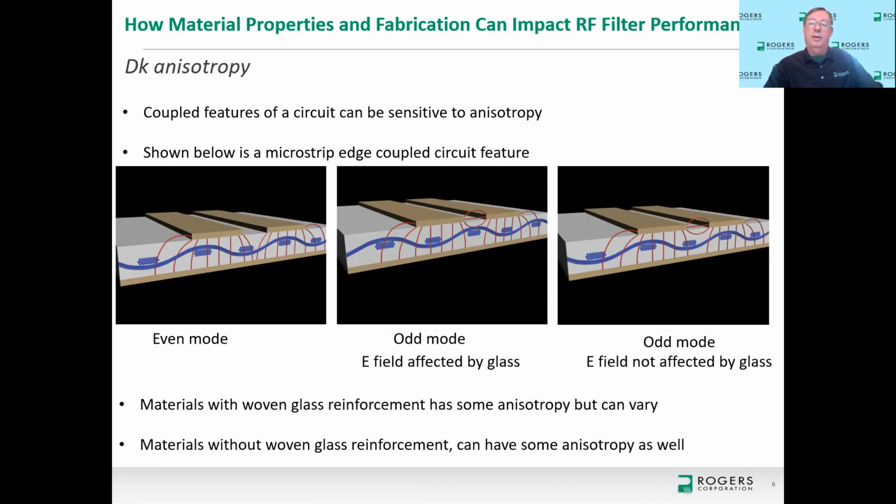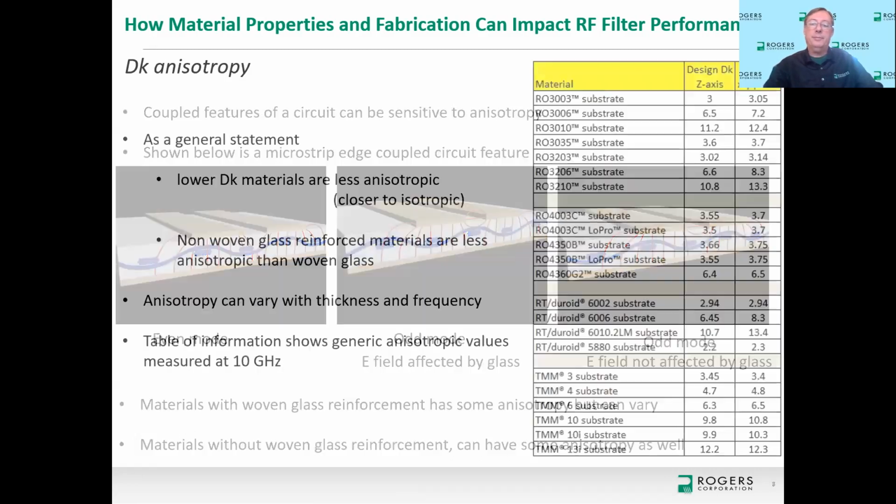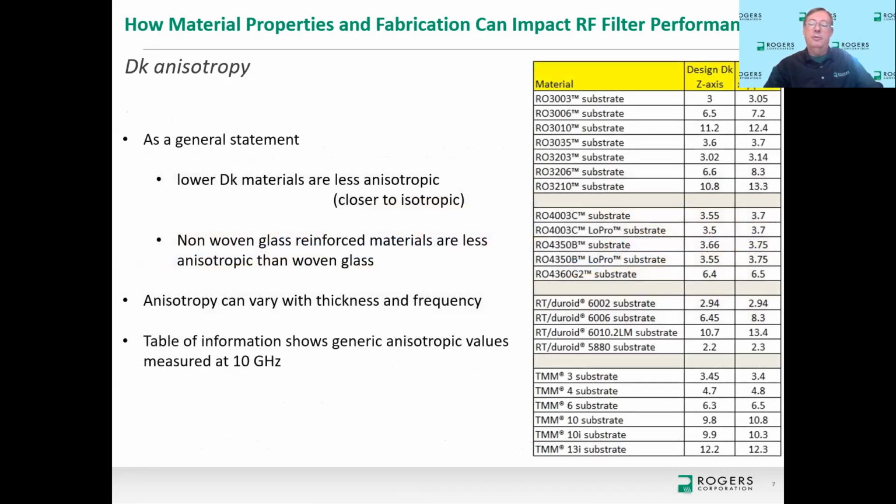So the fields interacting with the glass in the middle picture and not interacting with the glass in the right picture can make a difference in the effective dielectric constant of the odd mode, which means the filter, of course, could behave differently. So this is pretty common when you look at the same circuit design from batch to batch and look at many different circuits, where one circuit, the circuit feature will align to the glass weave pattern differently than another circuit.